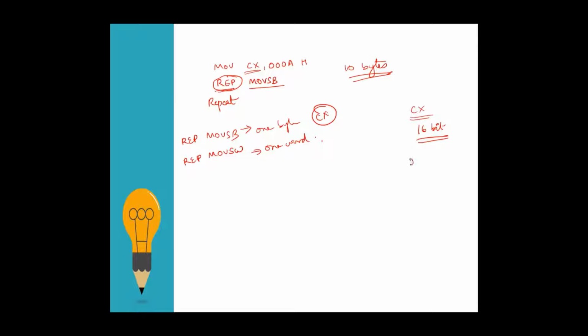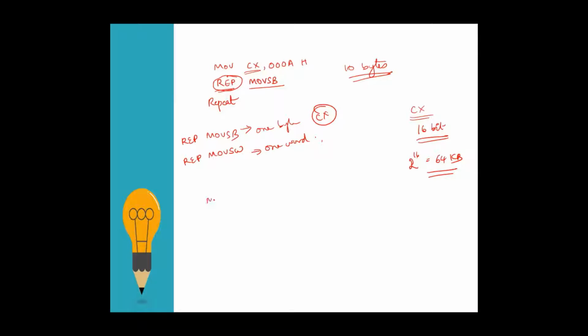That means the maximum count value CX can accommodate is 2 power 16, which is 64 KB. So using string instructions, you can transfer up to 64 KB of data.